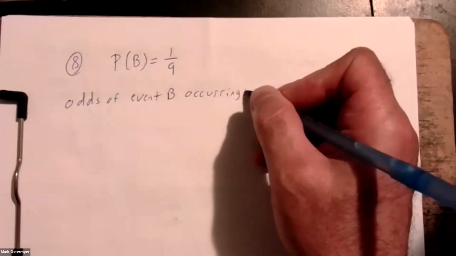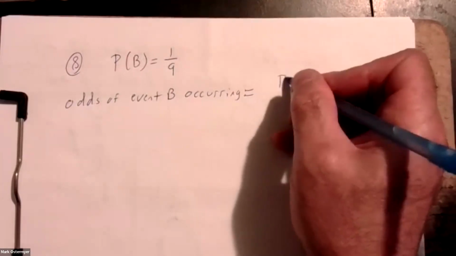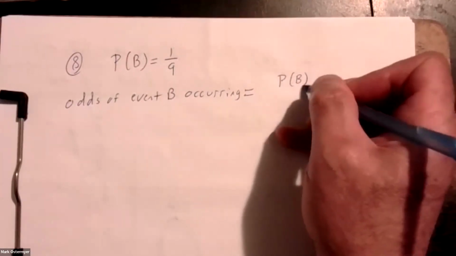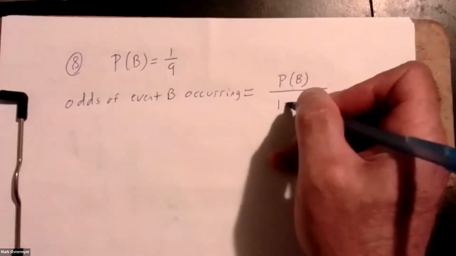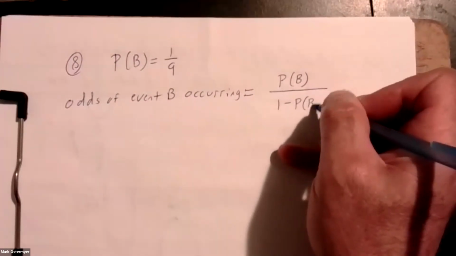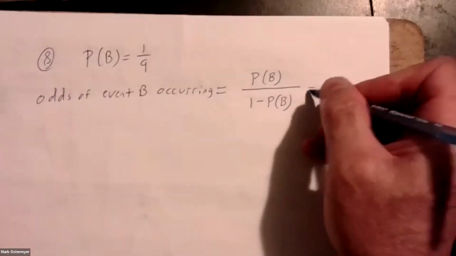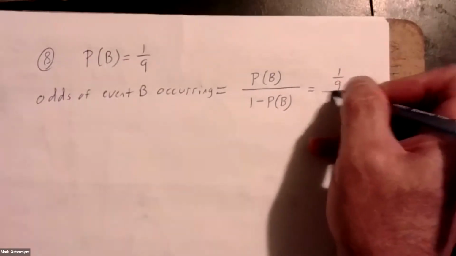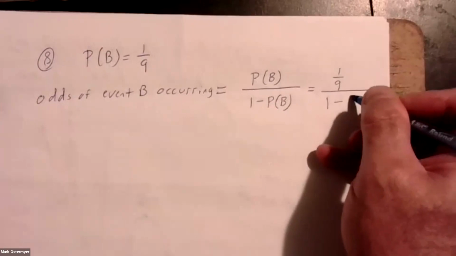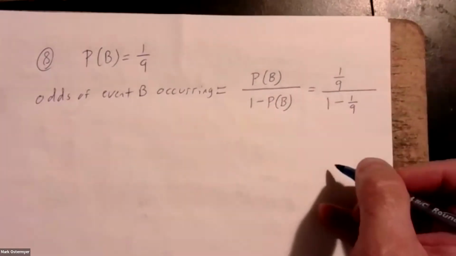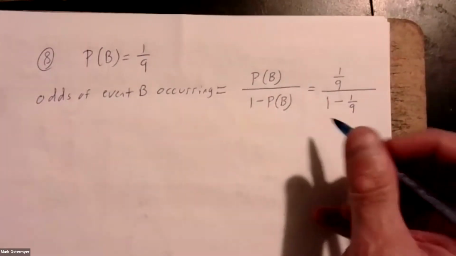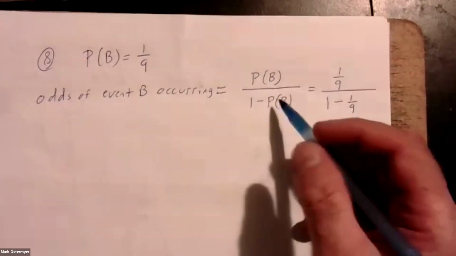Well, this is going to be equal to the probability of event B occurring divided by 1 minus the probability of event B occurring, according to our formula. So therefore, this is going to be equal to 1/9 over 1 minus 1/9. I'm using the formula from the handout, the PowerPoint.